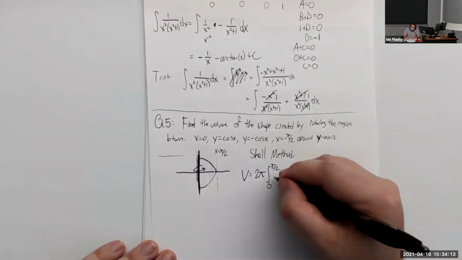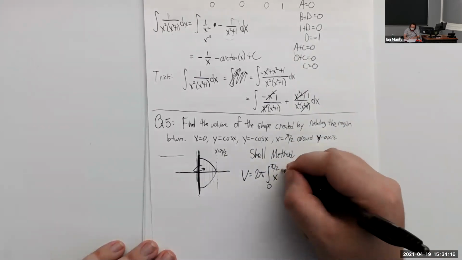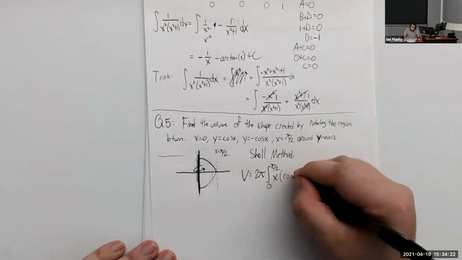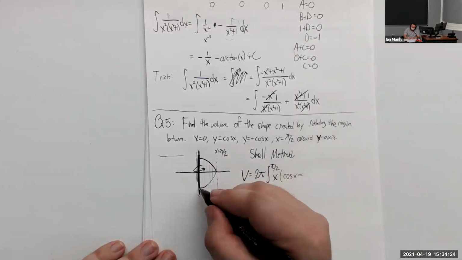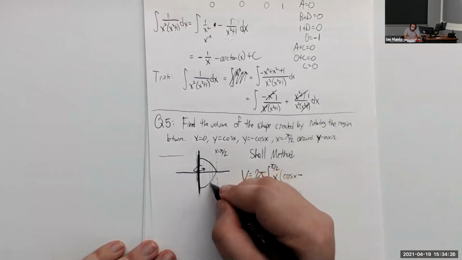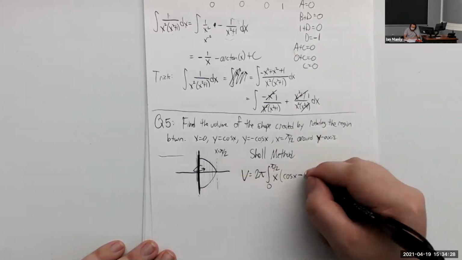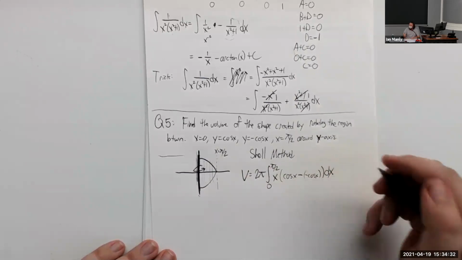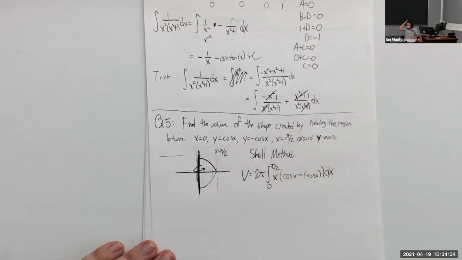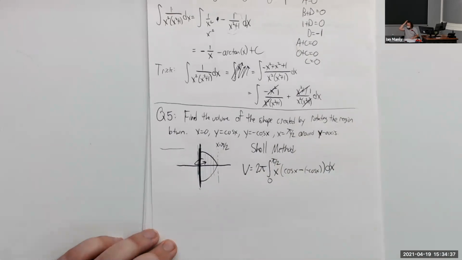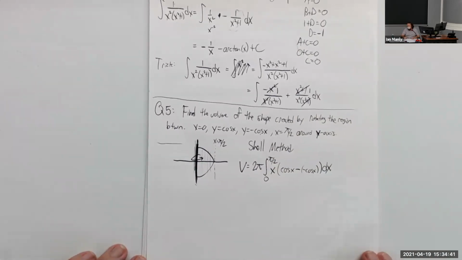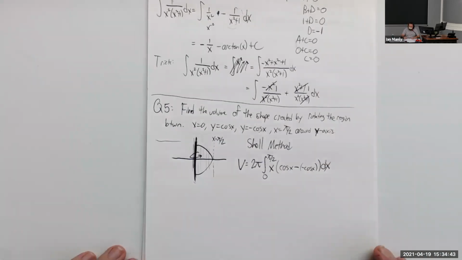Then we have an extra x in there no matter what, and then the function with higher values, cosine, minus the function with lower values, negative cosine. So opposing variables means you should use the shell method, and matching variables means you should use washer.